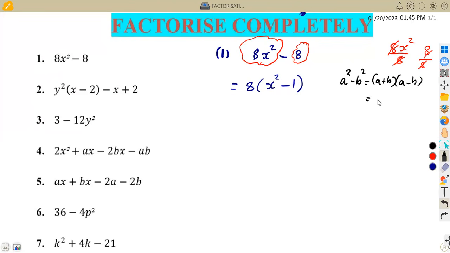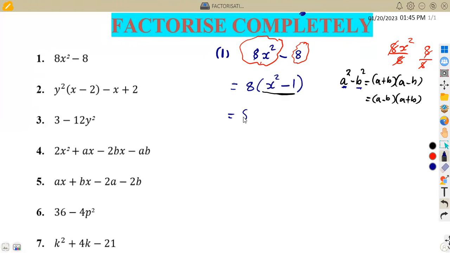Or someone can start with a minus b, a plus b. All you need is to have a and b in each bracket. One bracket is supposed to add and another bracket is going to subtract. And we can have this format of a squared minus b squared from x squared minus 1. That's difference of 2 squares.